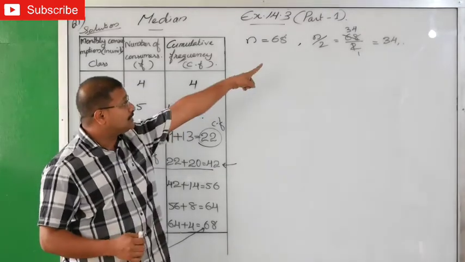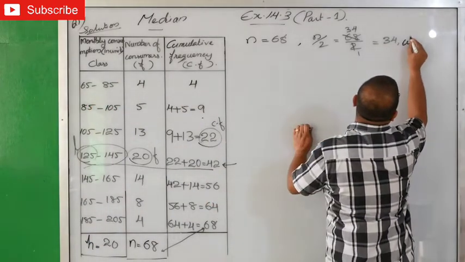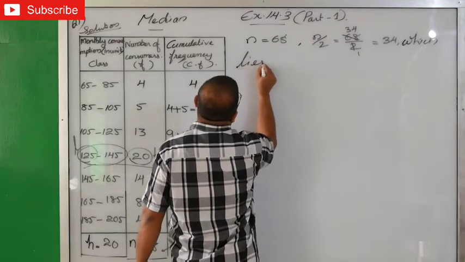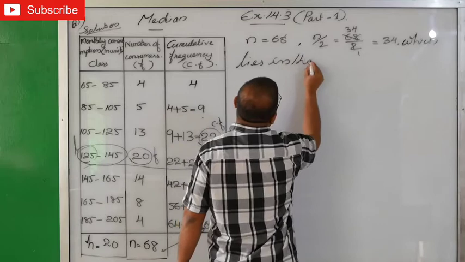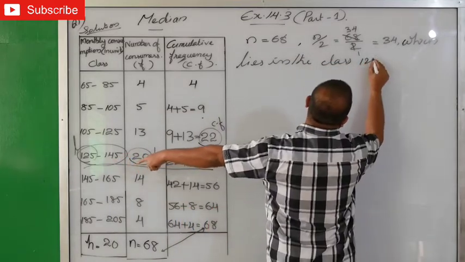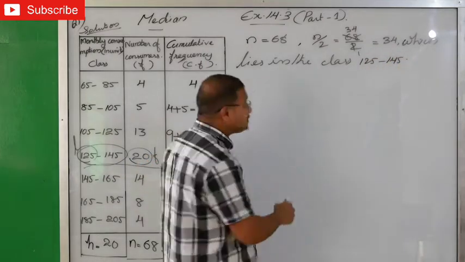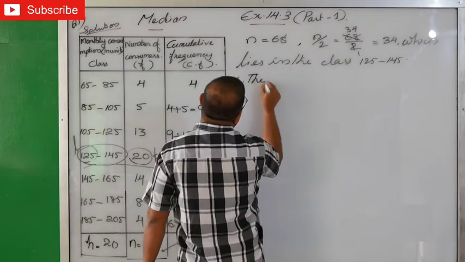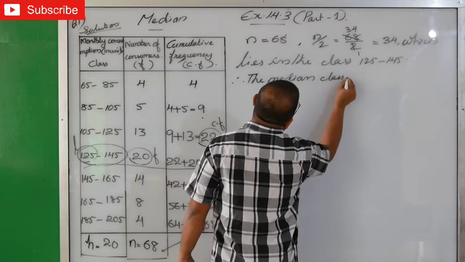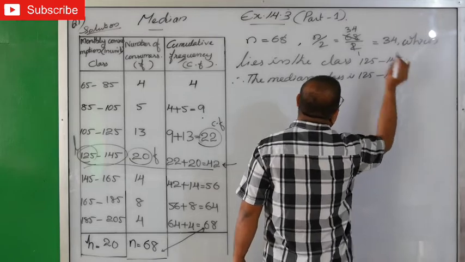Now we'll see n by 2, that is 34, which lies in the class interval 125 to 145. Therefore the median class is 125 to 145.